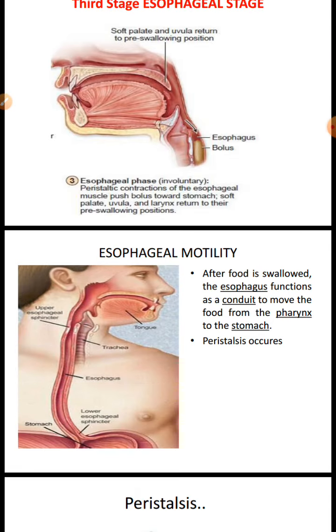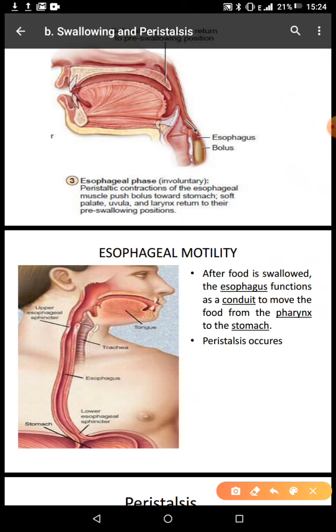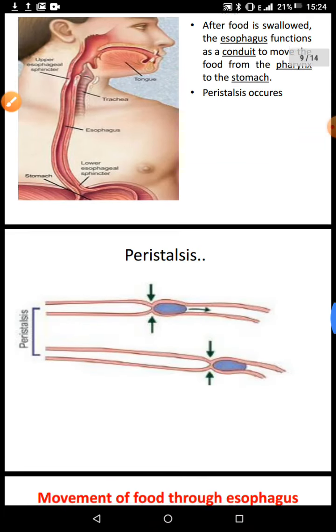Now, what about esophageal motility? Now that the food or bolus is moving through the esophagus, after the food is swallowed, the esophagus functions as a conduit to move the food from the pharynx to the stomach. So peristalsis occurs. Okay.